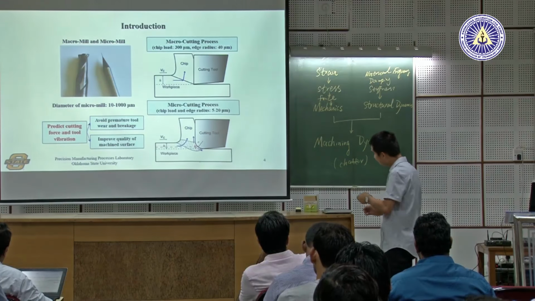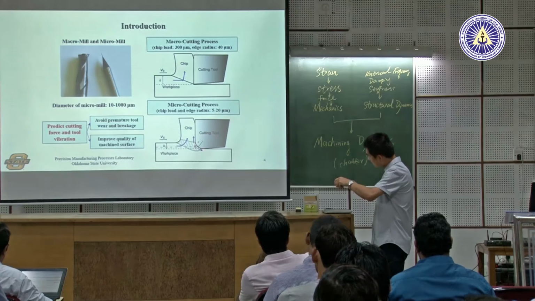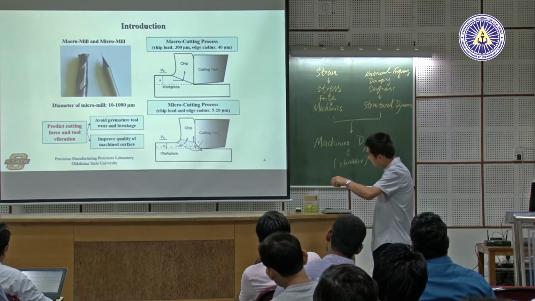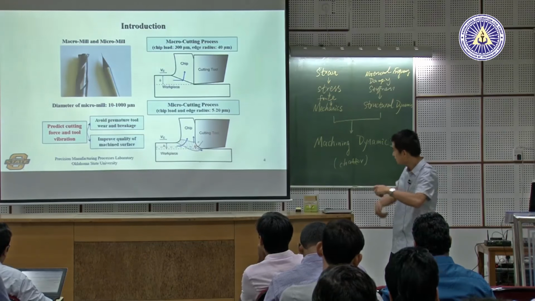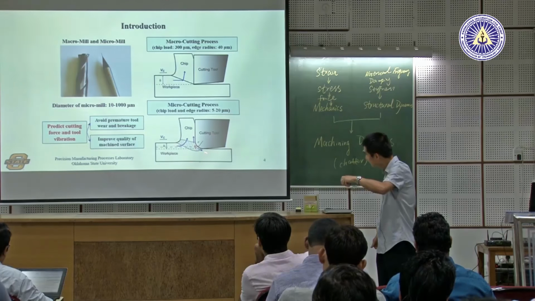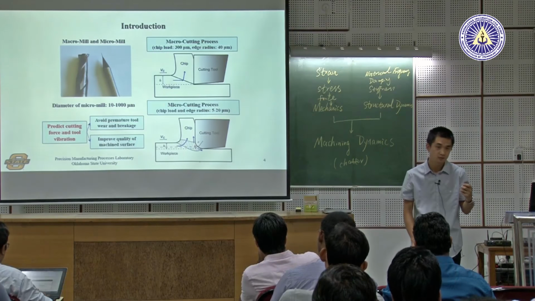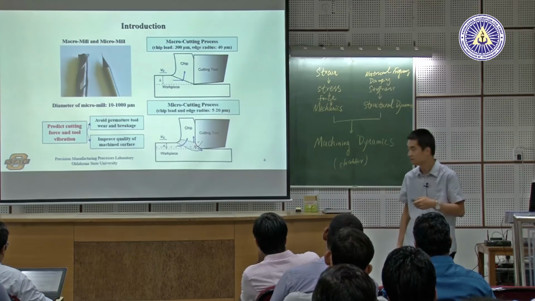Another point is that since this edge is not sharp anymore, some of the material below this dashed line goes to the bottom of this edge, and finally it is going to be pressed down, not forming the chip, which is natural, right, intuitively.